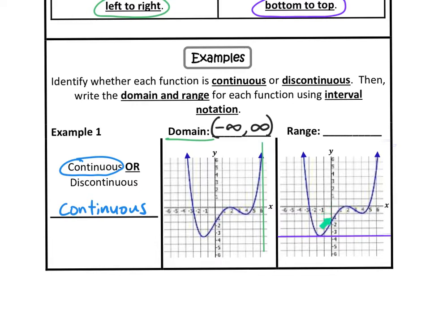It's 1, 2, 3, 4. -4 is where the graph starts. And we have to figure out, should I put a parentheses or a bracket? The question is, at this point of the graph, is there a hole or is it closed? It looks like it's closed. If I move the stick out of the way, yeah, it looks like it's closed. So I'm going to put a bracket.